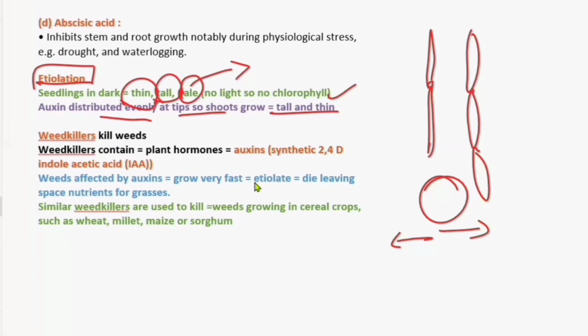If this plant is continuously growing in dark, what will happen? Or if it is not provided with the light? I think it would grow for some time, but it would be very colorless. Yeah, it would be tall, but it would be very thin, colorless, and eventually it would die. Why would it die?